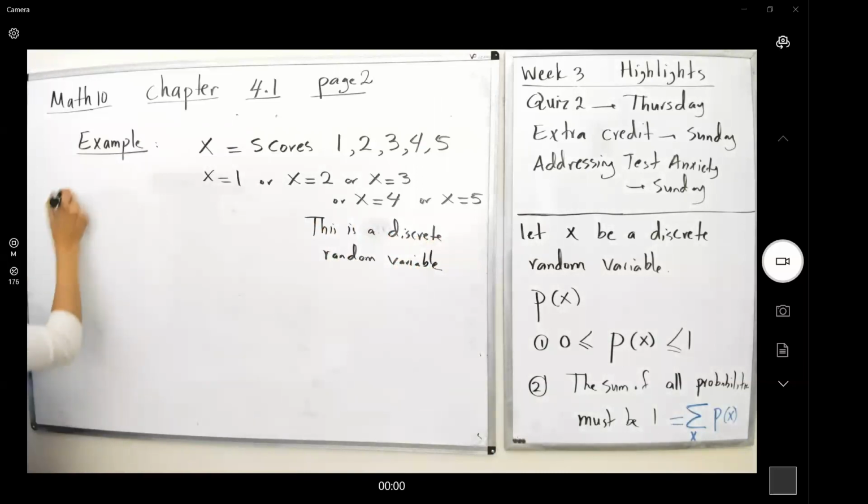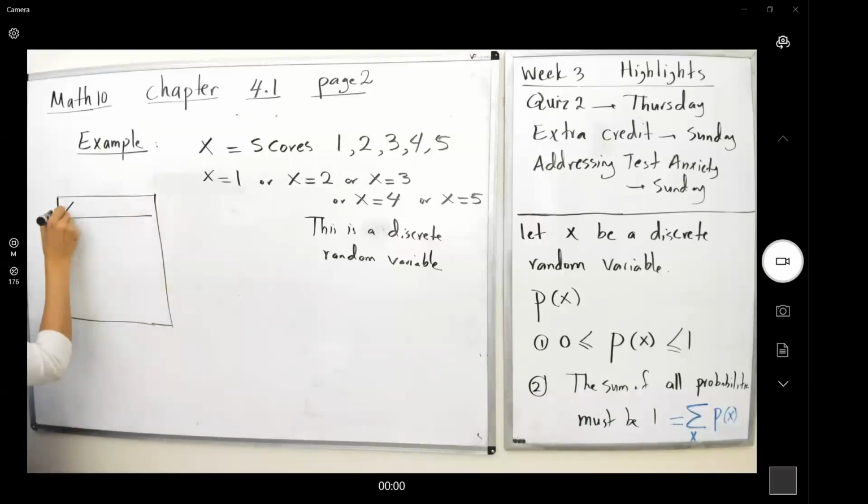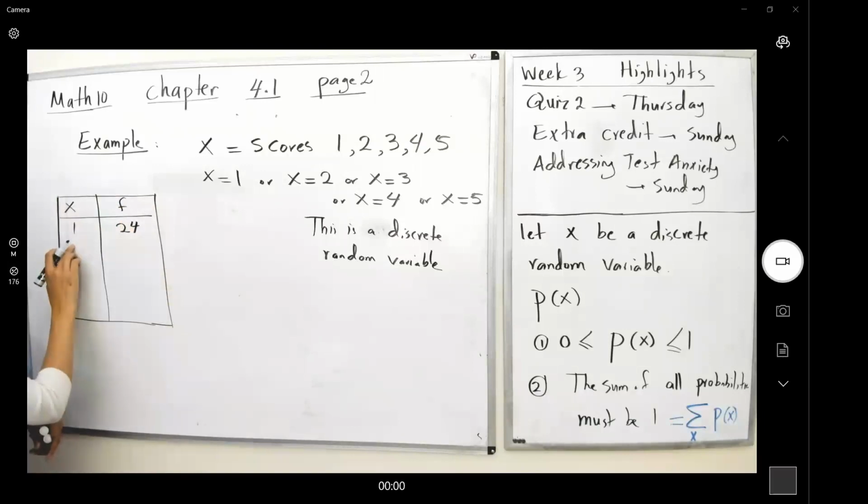Well, let us write down the information that we have. On the left-hand side of the table, we're going to have all the scores. And on the right-hand side, we're going to have the frequency. How many people got score 1? How many people got score 2? How many got score 3? How many got score 4? And how many got 5? So score 1 frequency is 24. So number 1 is repeated 24 times in your collection. Score 2, 33.